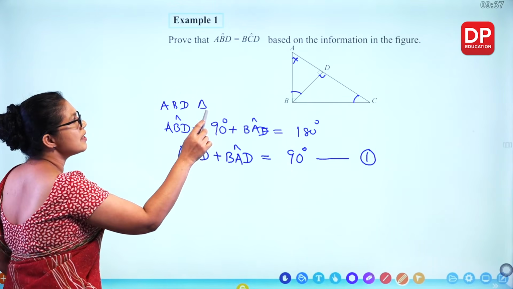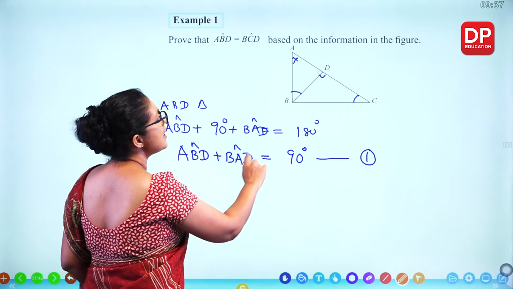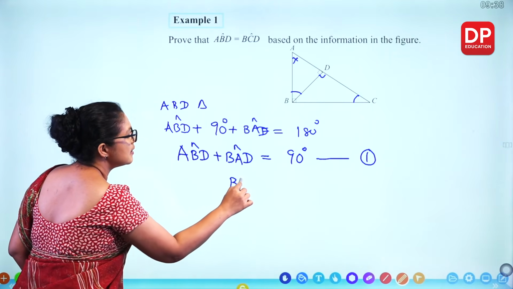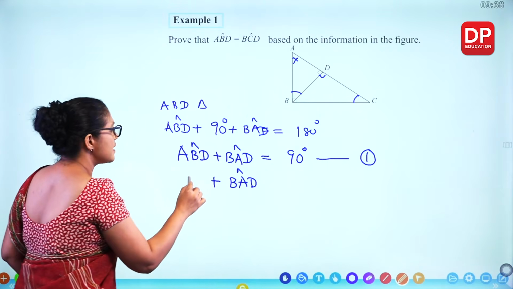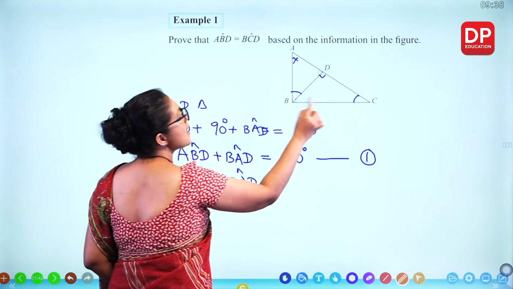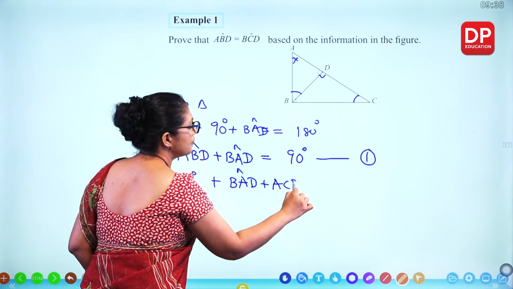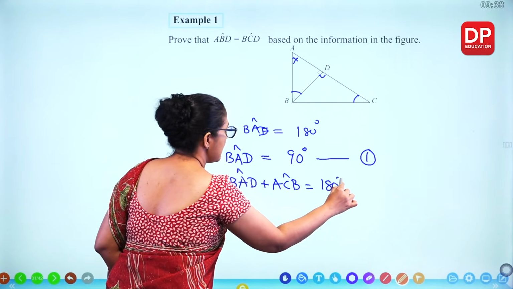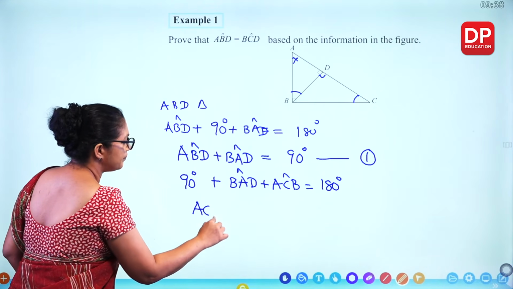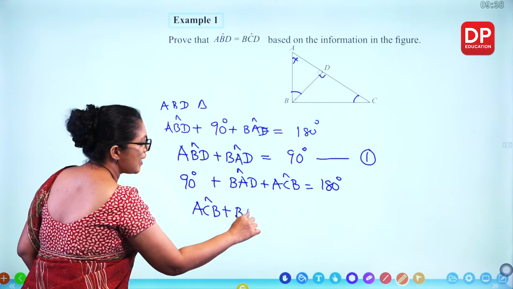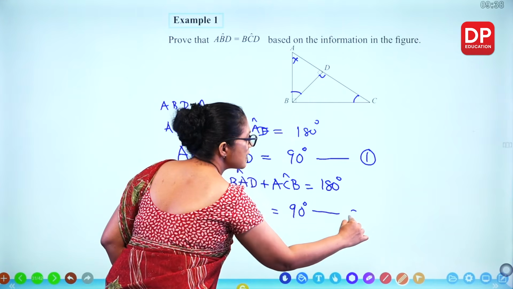We can write down BAC angle, BAC or BAD angle, plus 90 degrees, plus this angle ACB is 180, and when you take 90 to the other side, I can write ACB plus BAD angle is equal to 180 minus 90, 90 degrees. So that's the second one.